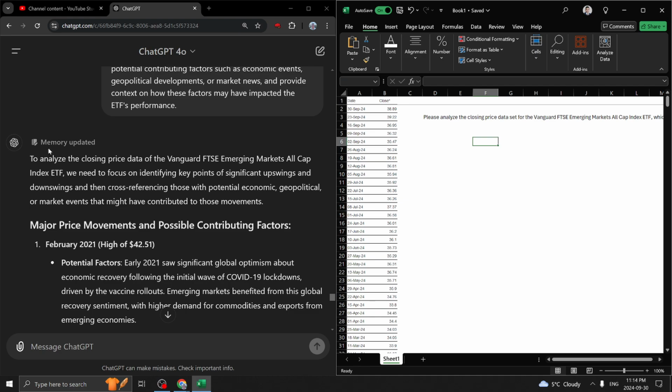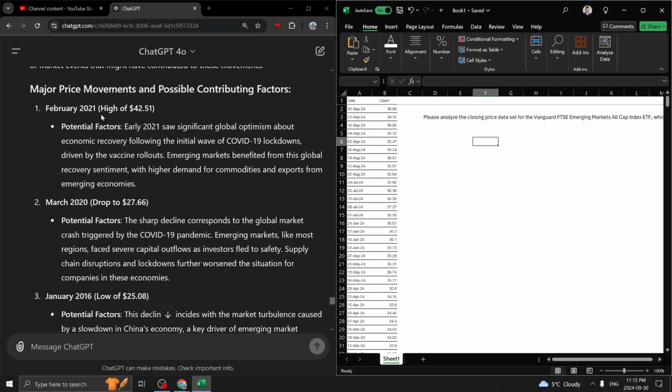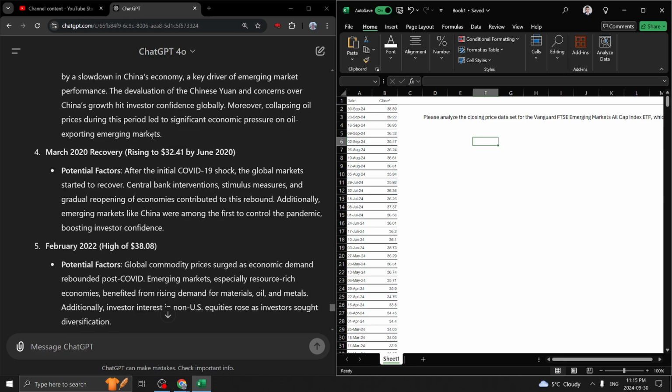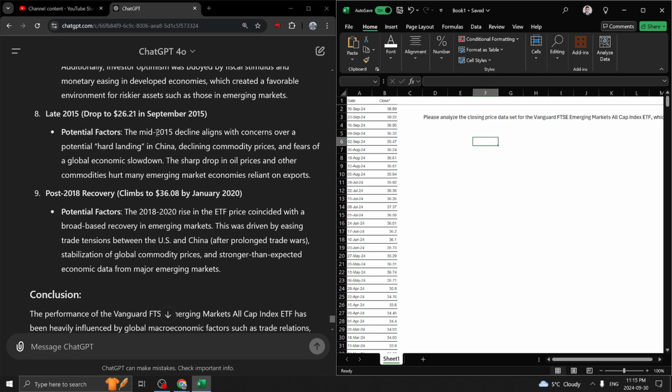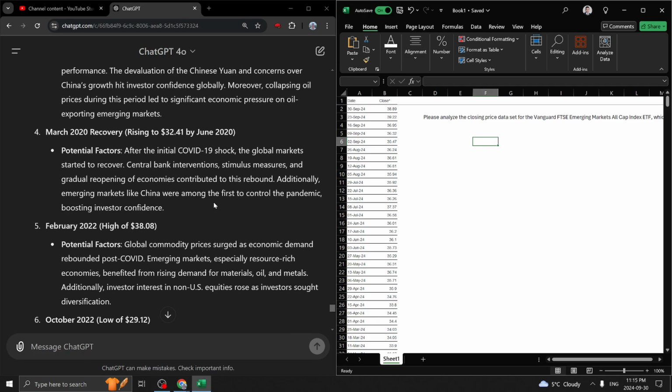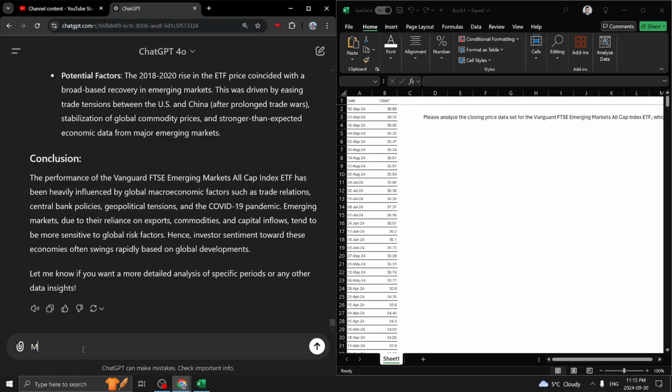Okay, to analyze the closing prices, we need to focus on identifying key points of upswings and downswings and then cross-referencing those with political economic events. Nice. Okay, so it's got some... Make this information in chronological order, please.